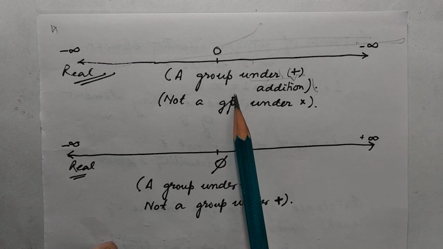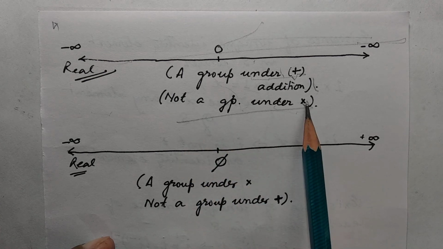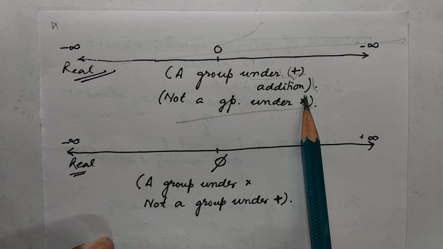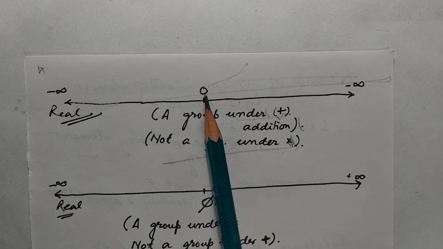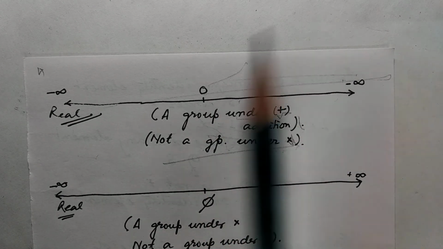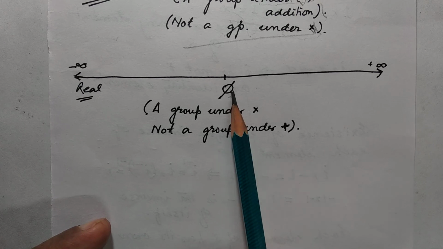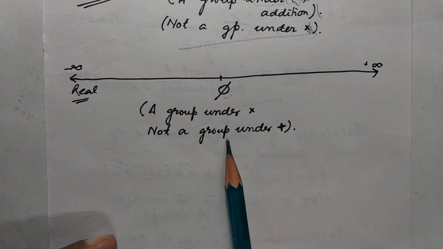But this is not a group under multiplication, because this element 0 does not have inverse. Inverse of 0 does not exist on this line. But if you exclude 0, then it is a group under multiplication.